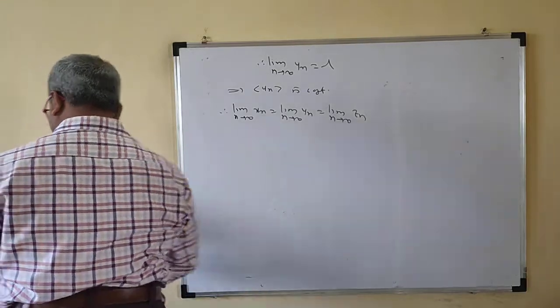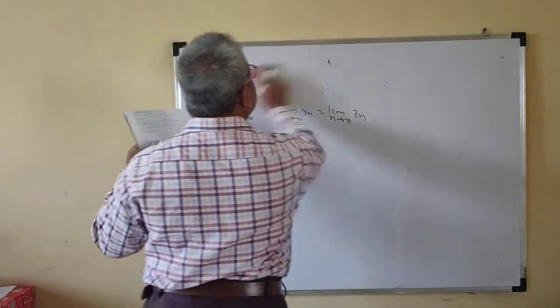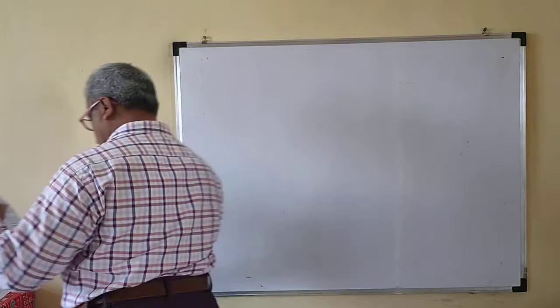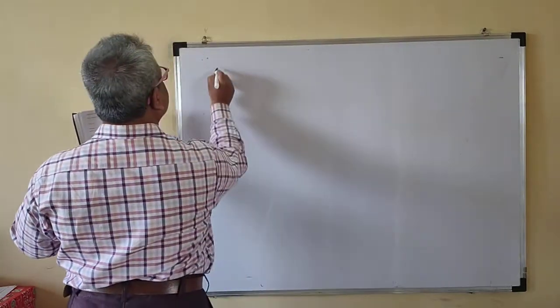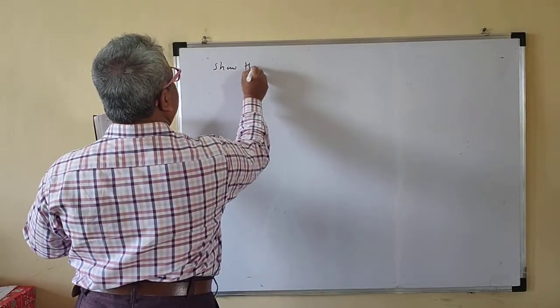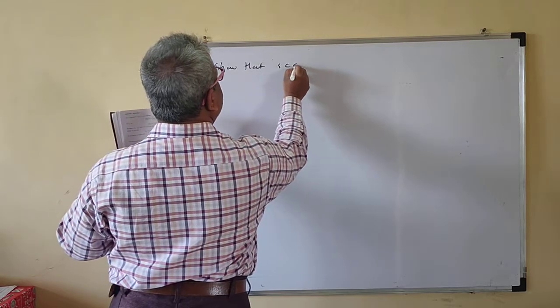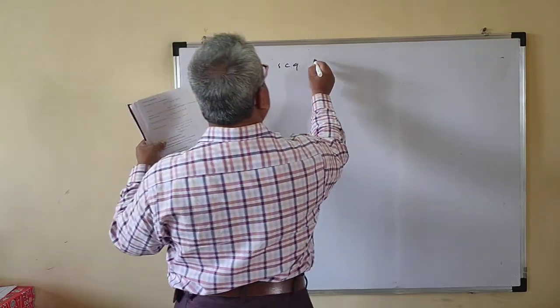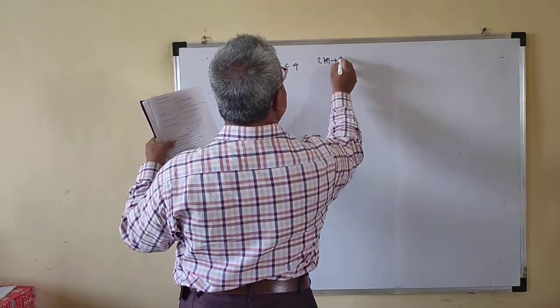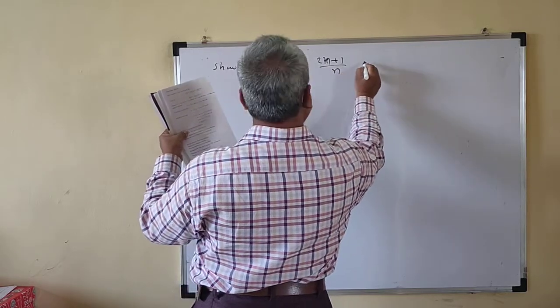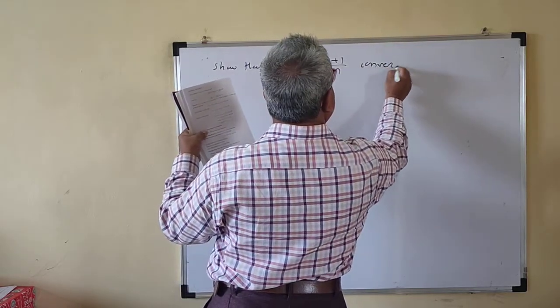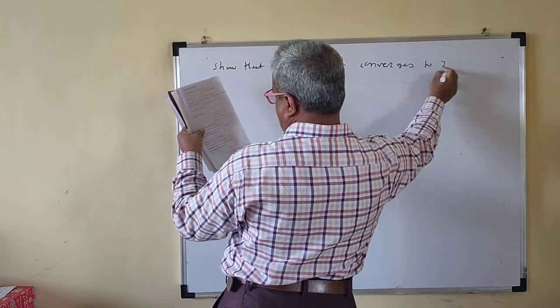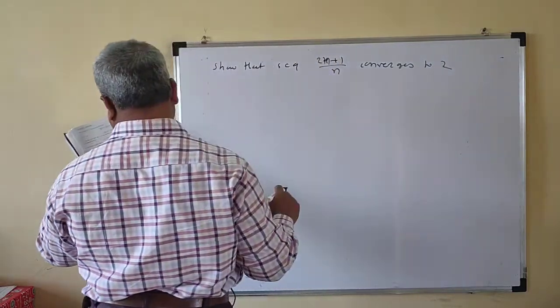Okay, we'll take a problem. Show that the sequence (2n+1)/n converges to 2.